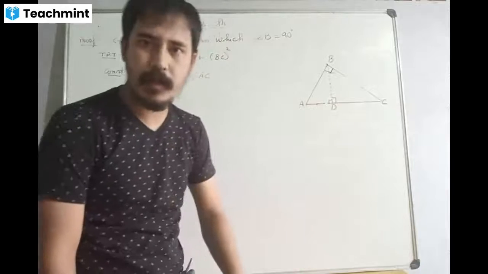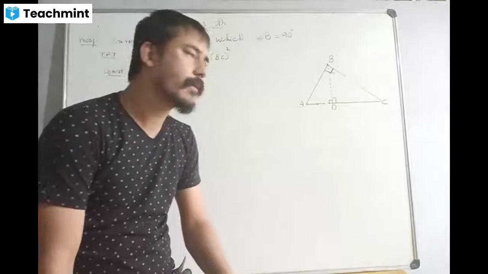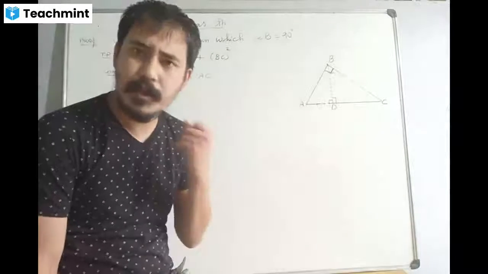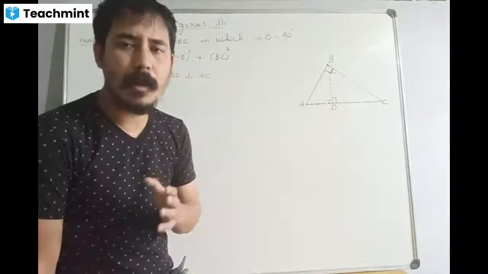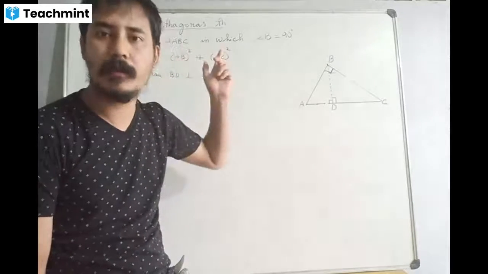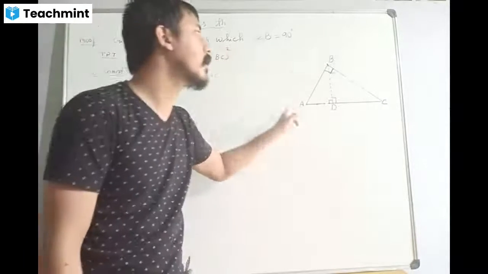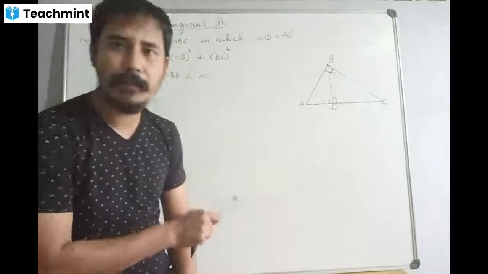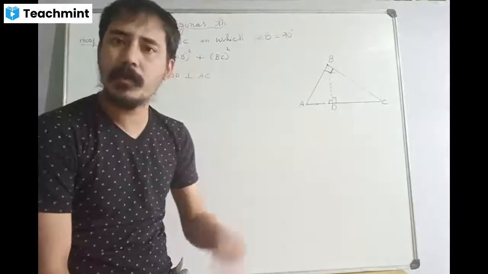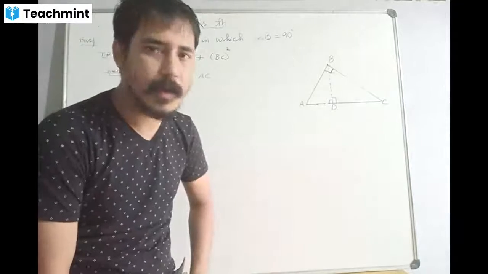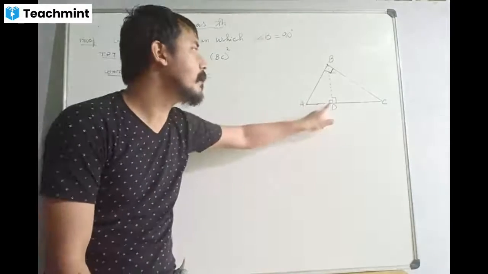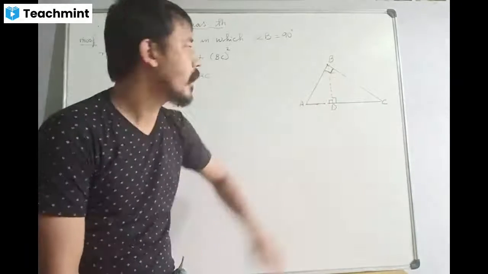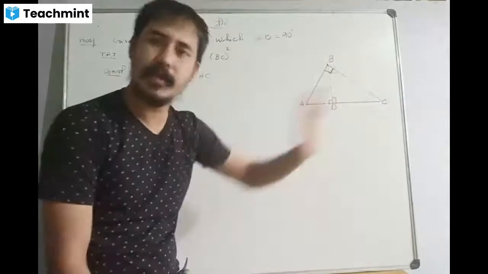So in this figure, altogether there are three right triangles. ABC is the biggest right triangle, which was already given. While doing the construction, we got two smaller right triangles, ABD and BDC.